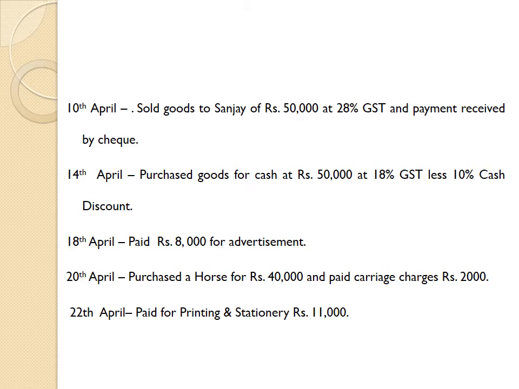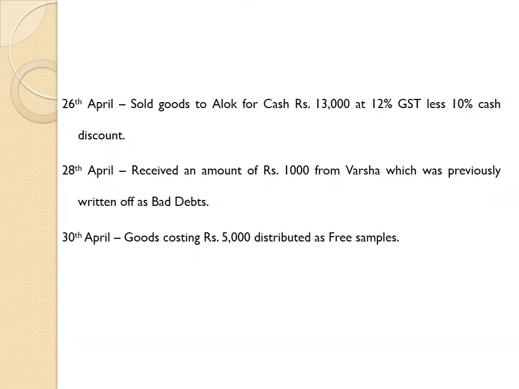On 18th April, paid for advertisement. On 20th April, purchased a horse of rupees 40,000 and paid carriage charges rupees 2,000. On 20th April, paid for printing and stationery rupees 11,000.